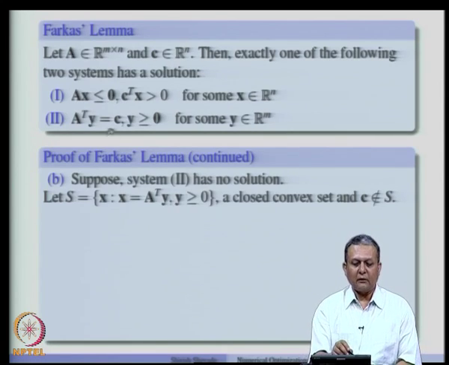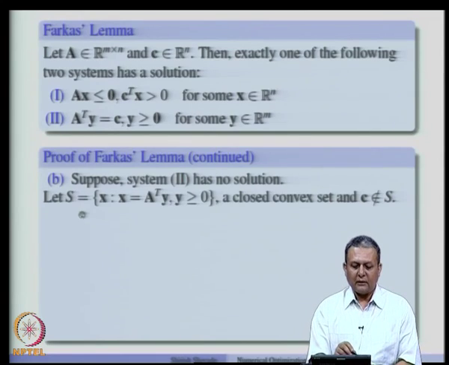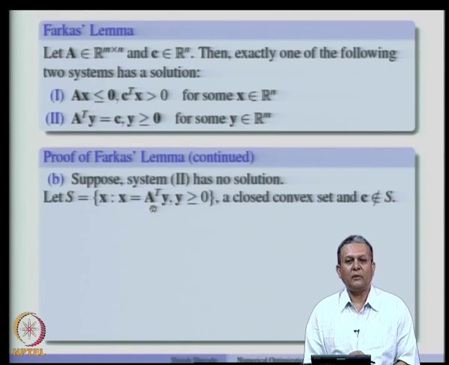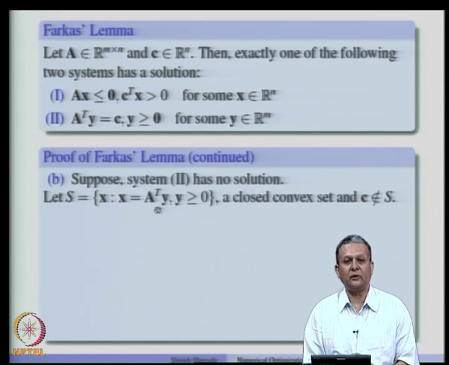So, that means that C cannot be written as a non-negative linear combination of the rows of A, or C cannot be written as A transpose y equal to C, where y is greater than or equal to 0. So, let us collect all such x's such that x can be written as a non-negative linear combination of the rows of the matrix A, or x can be written as A transpose y, where y is non-negative.